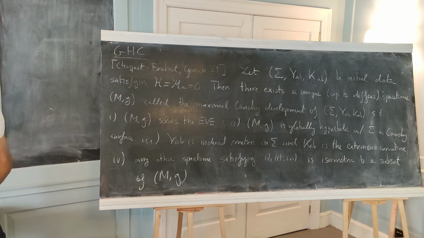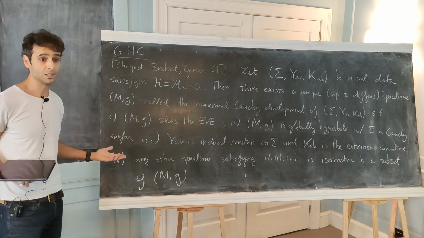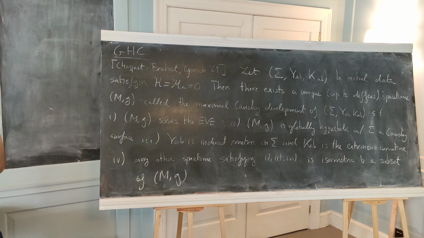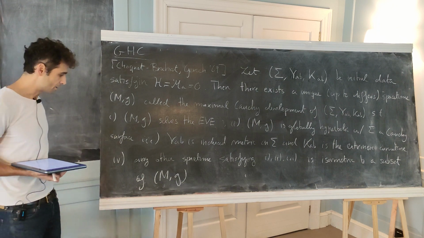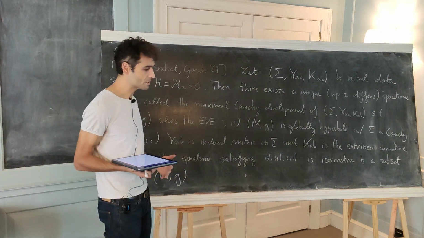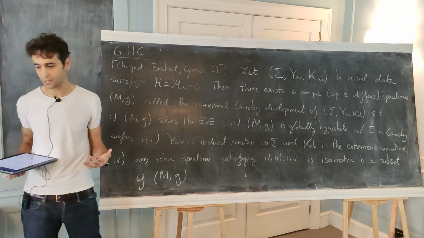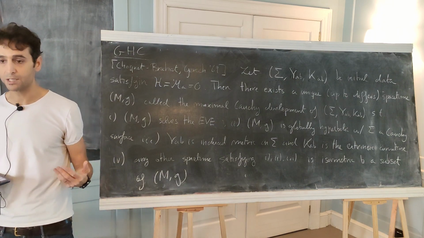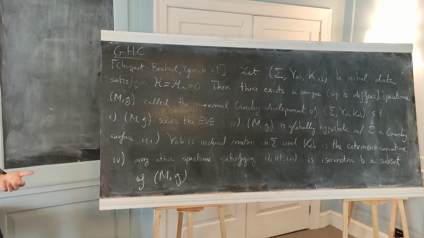On the other hand, the weak cosmic censorship conjecture relates to the structure of null infinity. In a rough sense, the weak cosmic censorship conjecture states that all singularities in GR must be inside black holes. Okay?